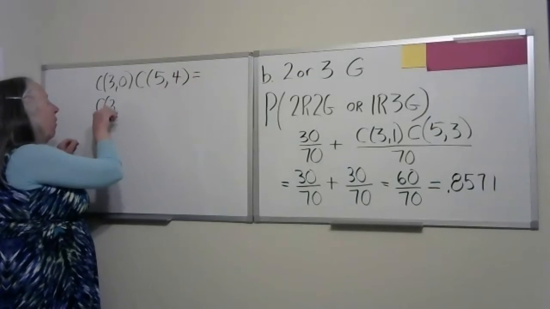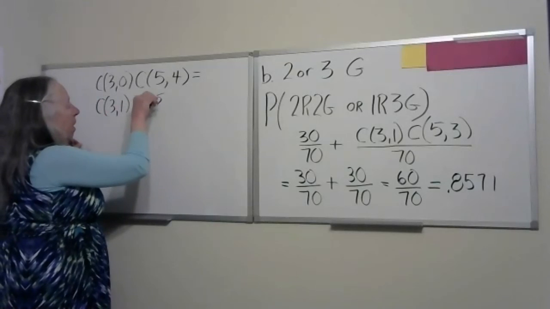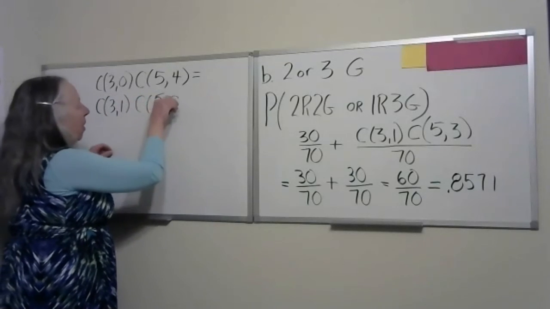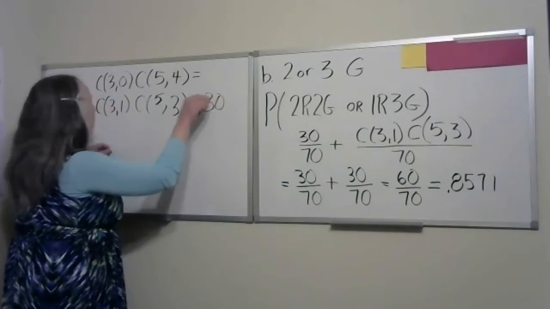We already have one red and 3 greens is 30.